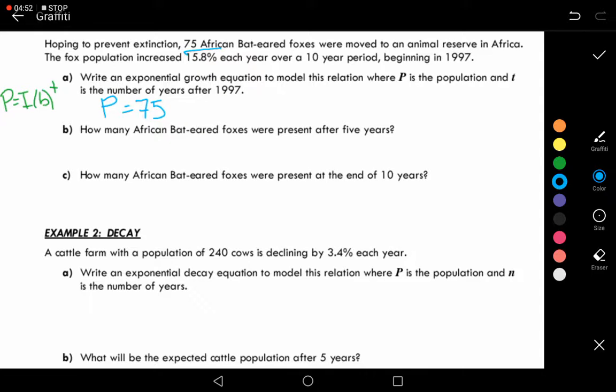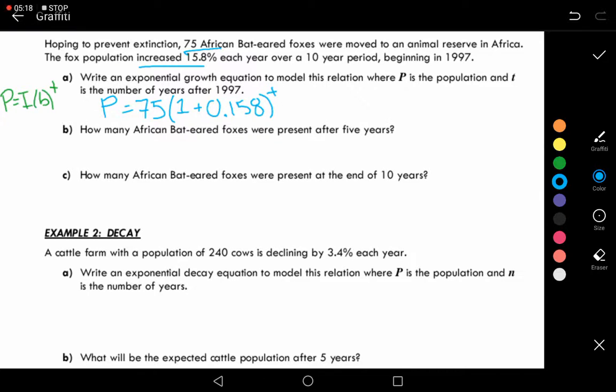In order to find our B value, we're preventing extinction, right? And we can see that the population is increasing. So that means we need to add. We start with our 1, and we're going to add the decimal version of this percent. So 15.8% divided by 100 is 0.158.